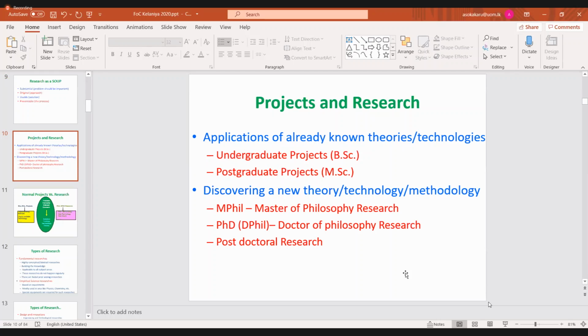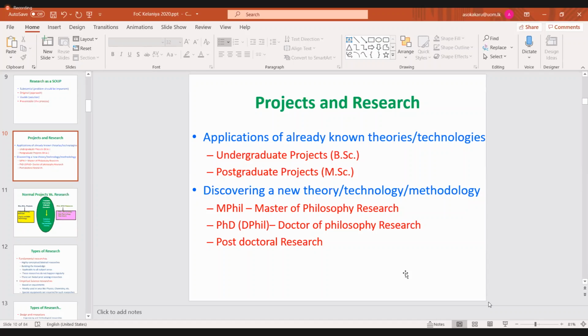Now I want to make a distinction between these two points, projects and research. There are two kinds of things. Now you are doing your project. Normally, if you are simply applying available theory and doing some work, that could be a project.